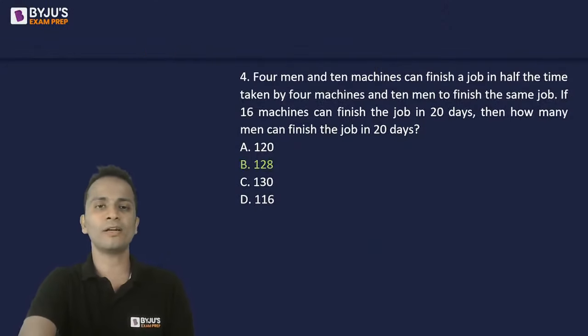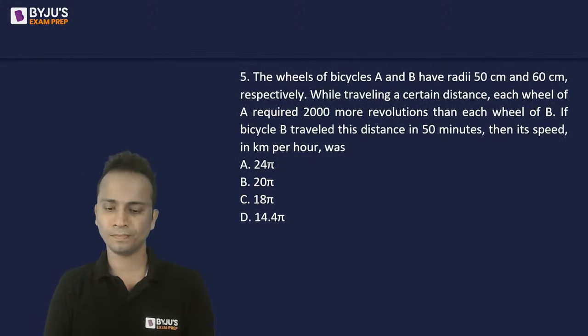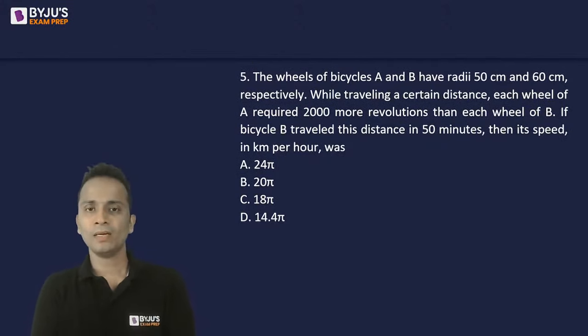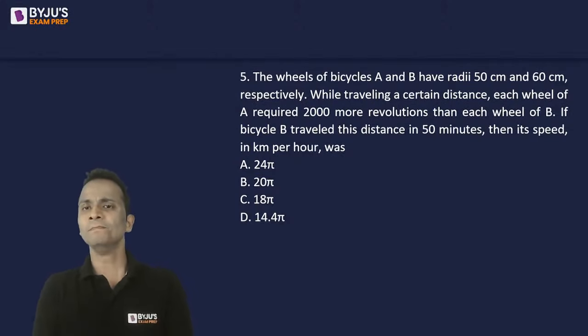Yes, it is 128. Now, moving on and looking at the next question, question number 5. The wheels of bicycles A and B have radii 50 centimeters and 60 centimeters respectively.